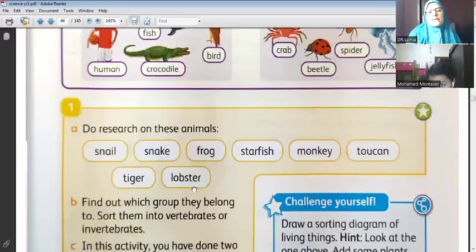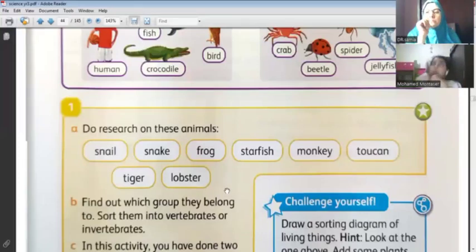Invertebrate. Okay. Can you tell me what scientific inquiry activity we use in this activity? How many scientific inquiry types do we have, Layan? 5. Name them, please.